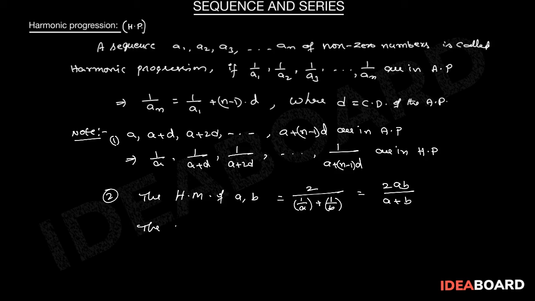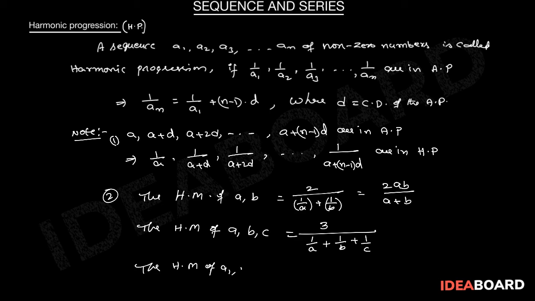The harmonic mean of a b c that equal to 3 divided by 1 by a plus 1 by b plus 1 by c. The harmonic mean of n numbers a1, a2 and so on an that equal to n divided by 1 by a1 plus 1 by a2 plus and so on plus 1 by an.